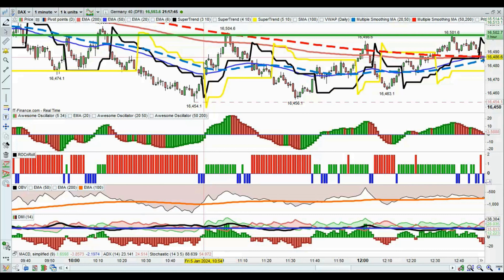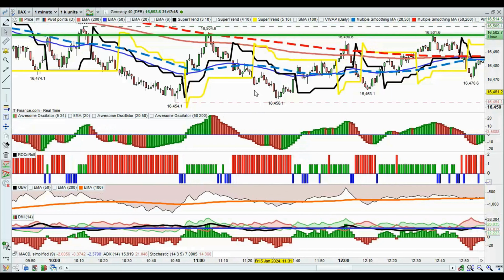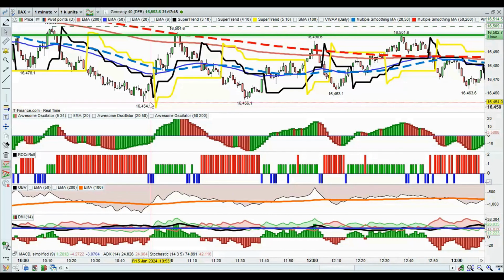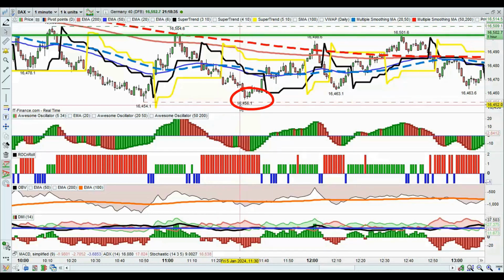We then had another move down from here after it had risen to 16,456. It fell to the previous low, tried to reach that, and then lifted from this area here.